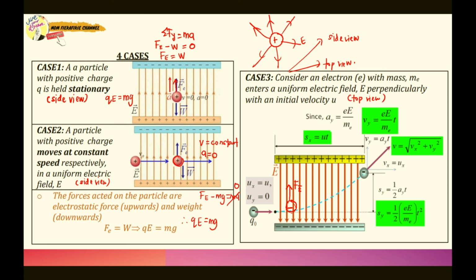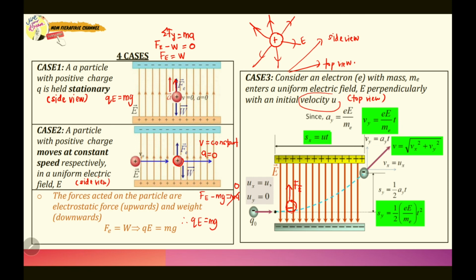We have an object that is projected horizontally, so this electron is projected horizontally. Therefore the horizontal velocity ux is equal to u. So if the value given at the start of the question is velocity u, it is ux, because the electron is projected horizontally, and uy is automatically equal to 0.